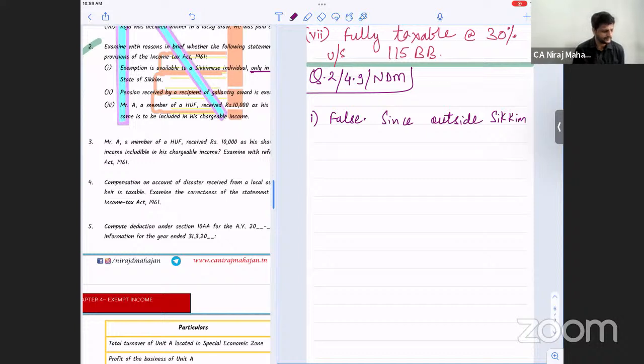Since outside Sikkim, income from dividend or interest is also exempt, no?